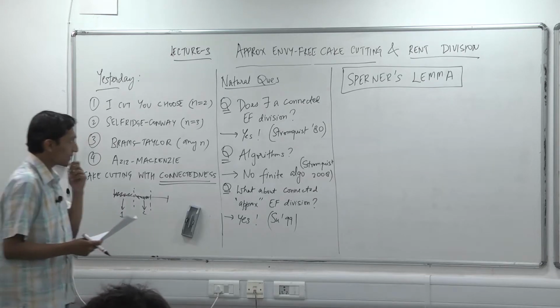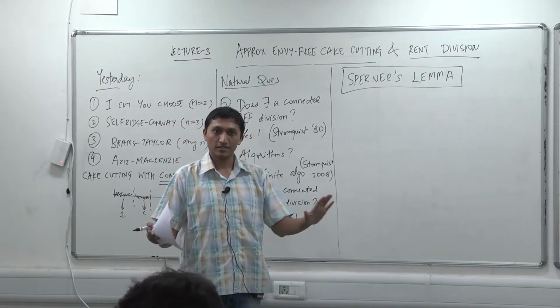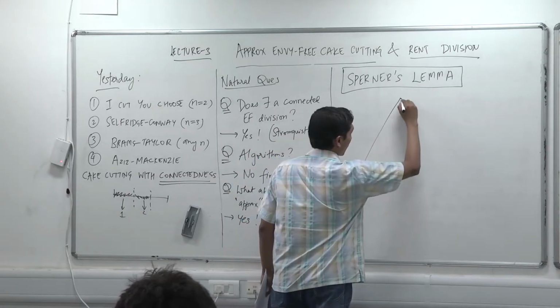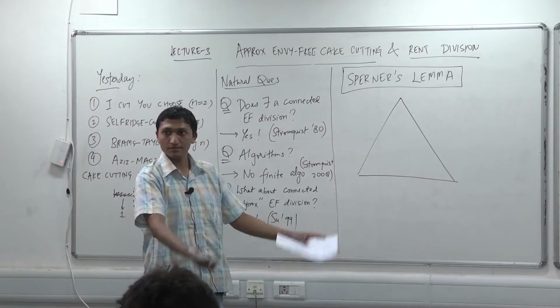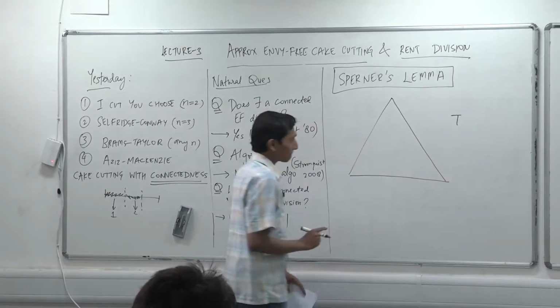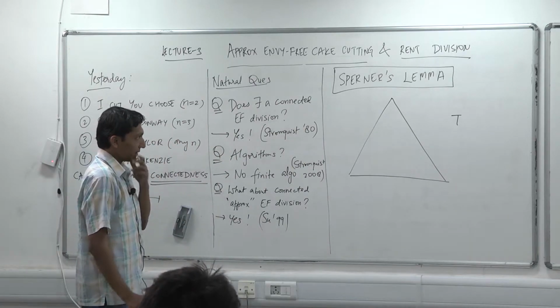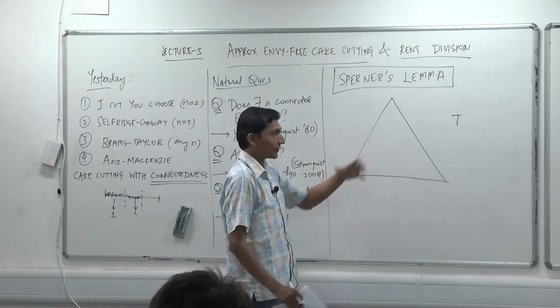So on the face of it, this lemma has got nothing to do with cake cutting. It's got to do with triangles. Say there's a triangle T, and we start by dividing this triangle into smaller triangles.